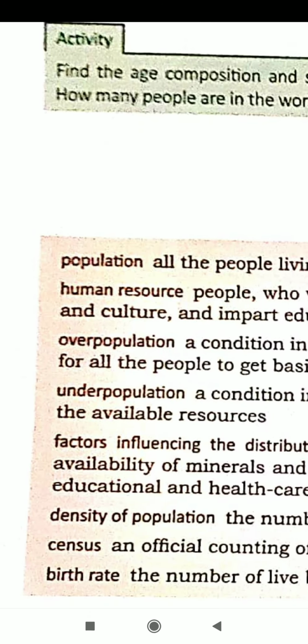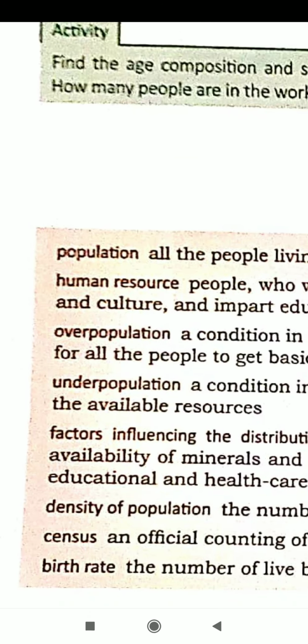Now I am going to teach about density of population. The number of people per unit area of land is known as density of population. Census, an official counting of population which is done every 10 years. It means after 10 years census is done in our country, in India.